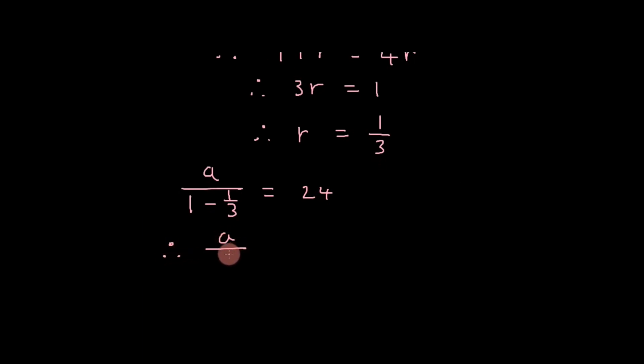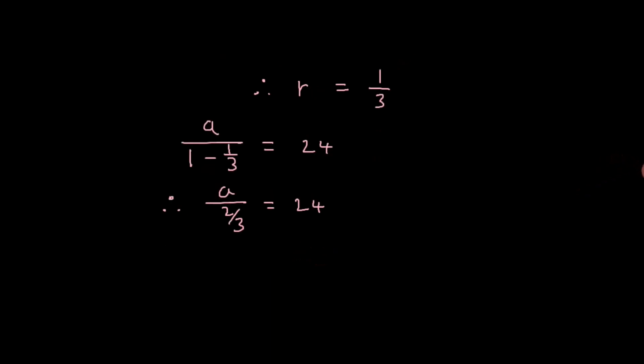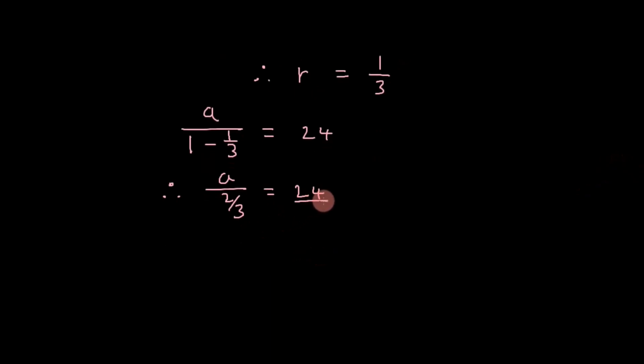So it's a over 2 thirds equals 24. And once again we can cross multiply. A times 1 is a, and that equals 24 times 2 thirds. And of course 24 times 2 thirds is 16.